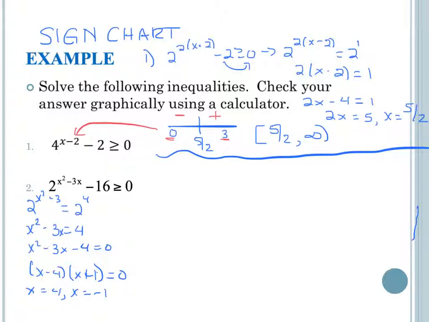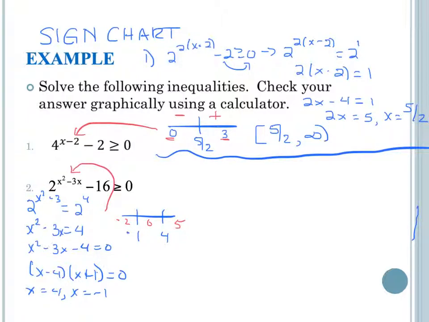Those are going to be the values that go into my sign chart. And so I'm going to pick some test points, maybe -2, 0, and 5.